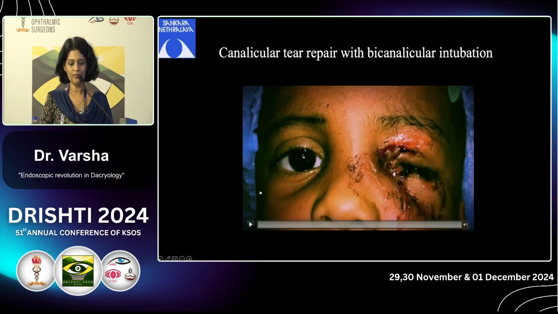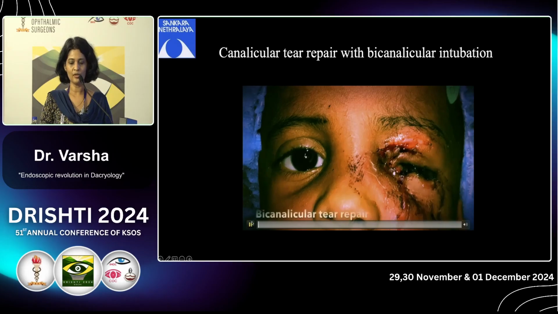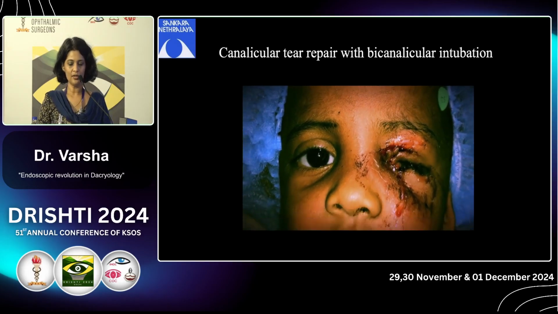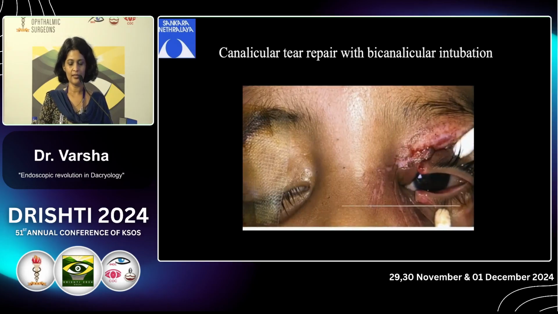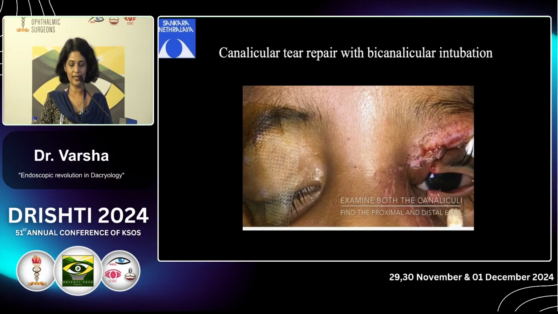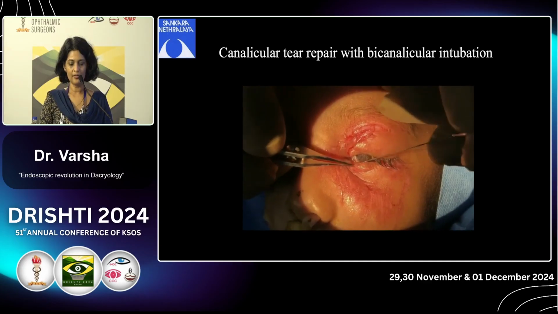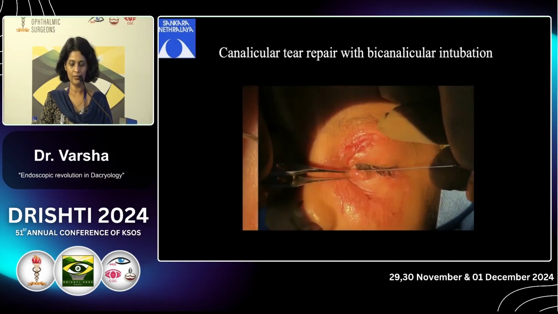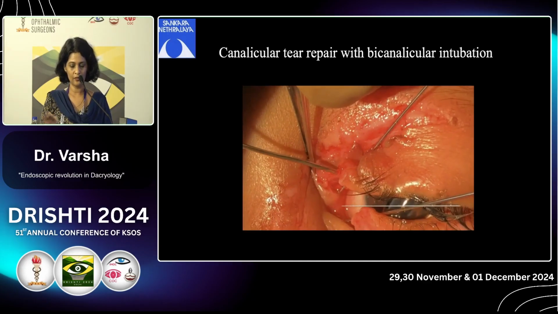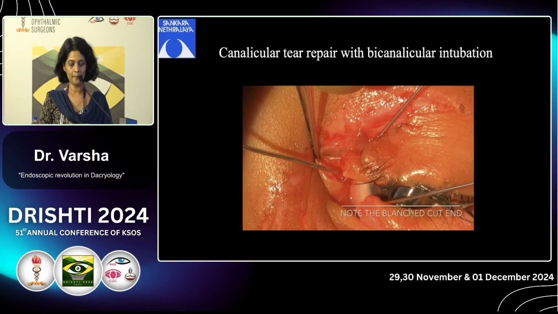So this is a video of a child who has undergone a bicanalicular intubation. He is diagnosed to have a bicanalicular tear, as you can see. Just like a regular probing, we pass the Crawford stents.